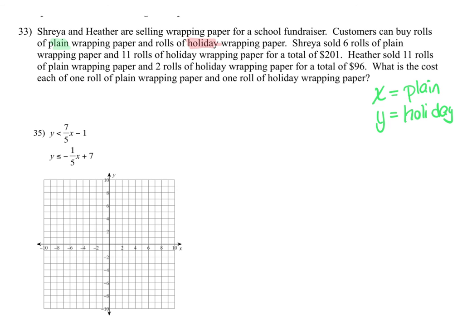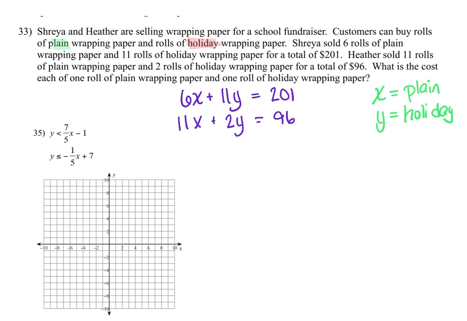All right. She sold 6 plain, 6X. She sold 11 holiday, 11Y. And her total money she got was $201. Okay. Heather sold 11 of plain, 11X, and 2 rolls of holiday, equals 96.